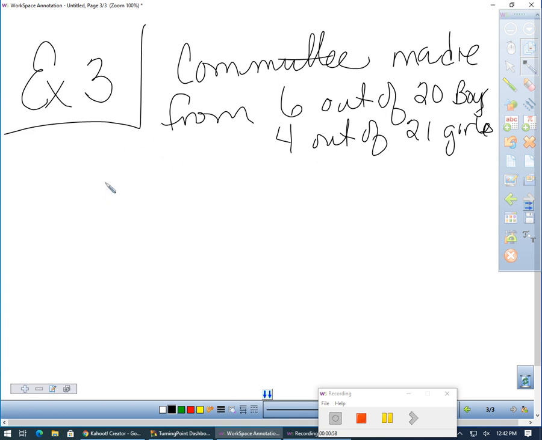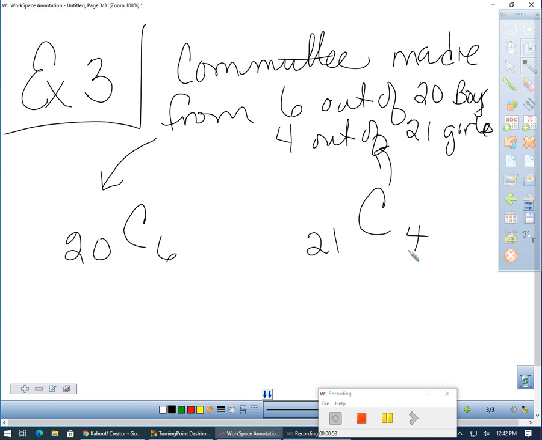So we're going to start with this one first. If you were just doing that, it would be 20 choose 6. And if we were just doing this one, it would be 21 choose 4. So what am I going to put in the middle? Multiplication sign. Add.